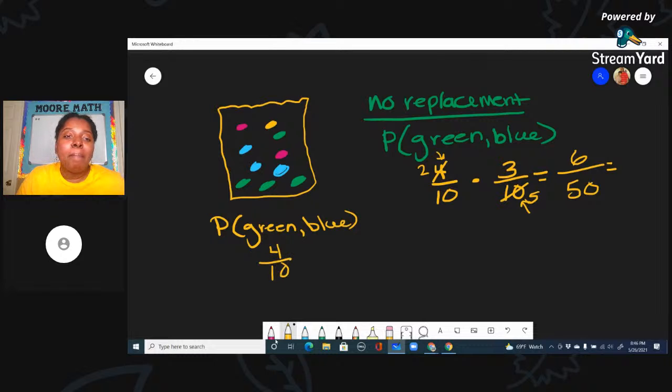Good. Now I put that green back. What is the probability that I'm going to get a blue? 3 out of 10. Okay, so look at what you had before when we didn't replace it, and look at what you have now when we replace it. Which one is correct?